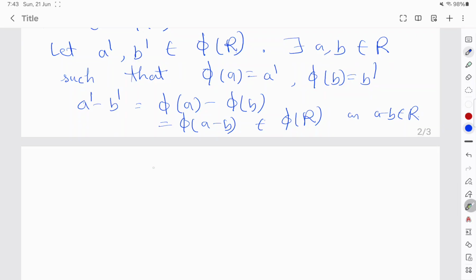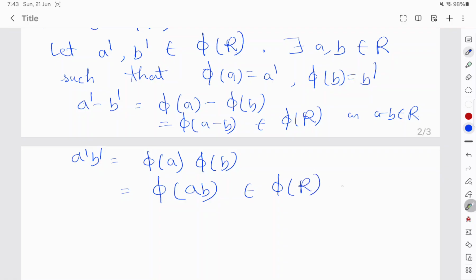And you have a dash into b dash, so this is equal to phi of a into phi of b. Using the homomorphism property, you can write this as phi of a into b, which belongs to phi of R as a into b belongs to R, right?